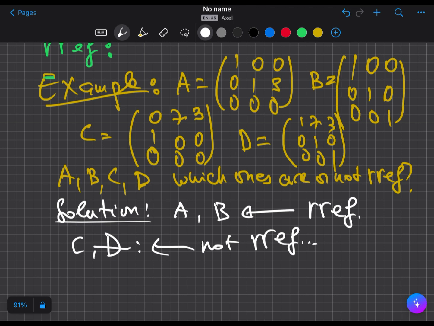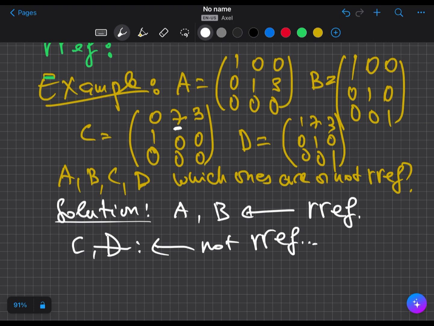That's the first argument for C. And the second argument for C is that every leading entry is not a leading one. So if you look at the first row here, the leading entry is 7. It's not a leading one. So C is not in a reduced row echelon form.